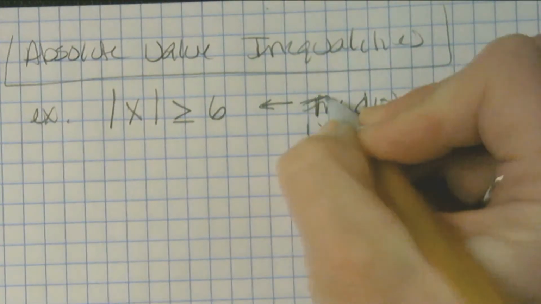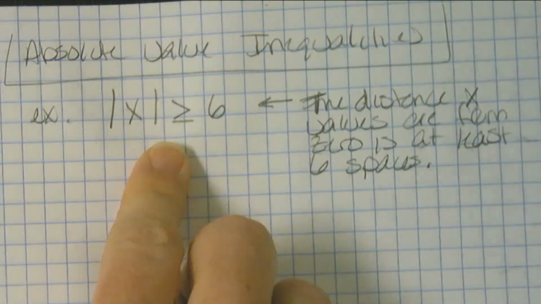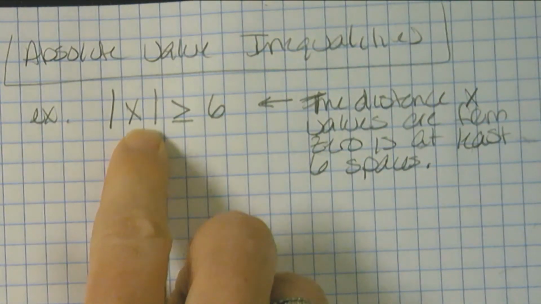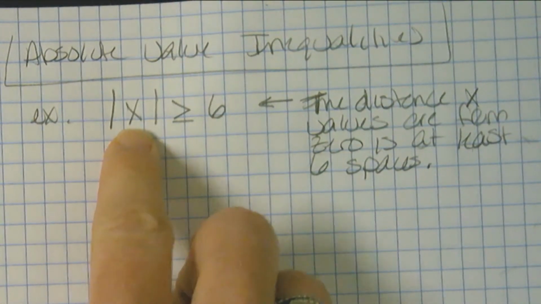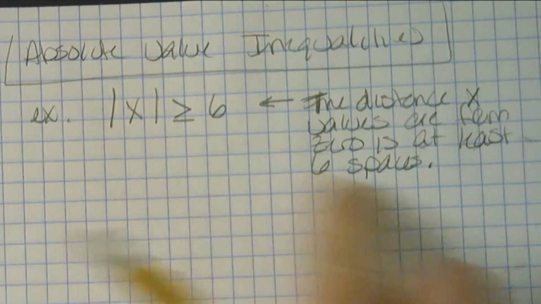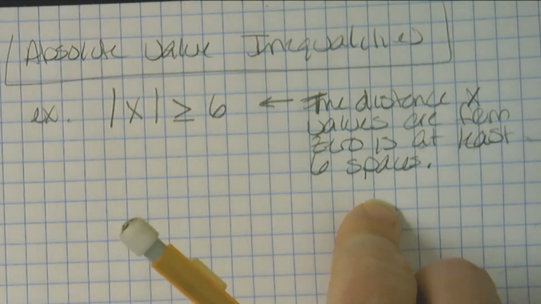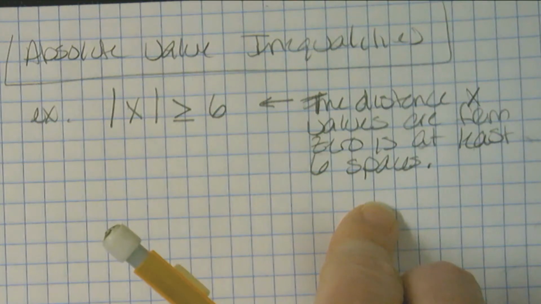How many of you guys see that that's what this says? However far that number x is away from 0, it's at least 6 spaces from 0. Does that make sense to you guys?